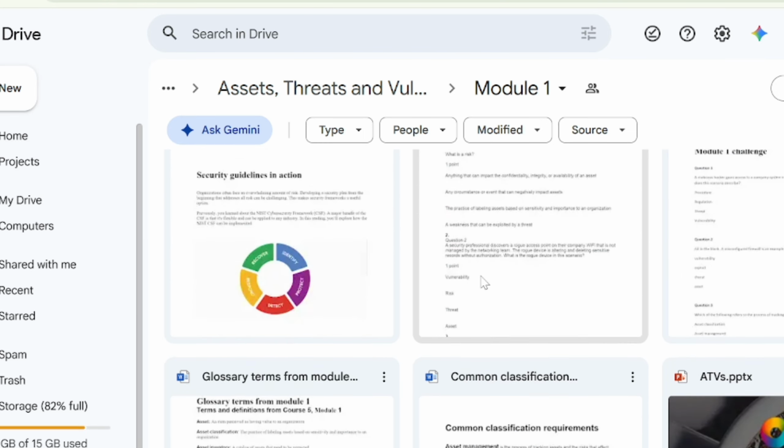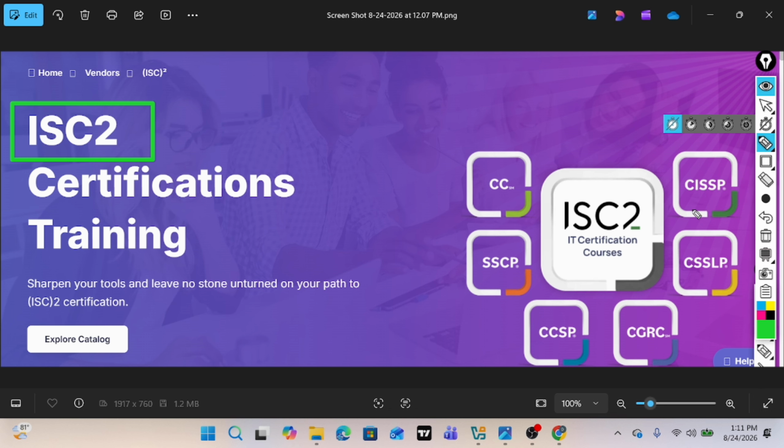You must at least grab one certification from them, and they have a lot of courses available. You can even start with the entry level, which is the CC, Certified in Cybersecurity, before you go into the CISSP, Certified Information System Security Professional, and all these things are professional certifications by ISC2 that you can grab.